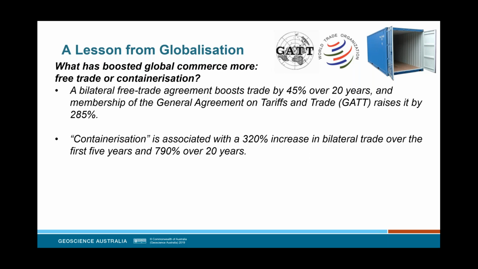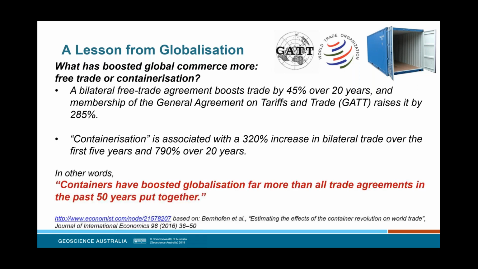That was over 5 years, and over that same 20-year period, it was nearly an 800% increase in trade. So by moving to a more standardized, containerized way of moving goods, we drove a massive increase in trade and the global economy.